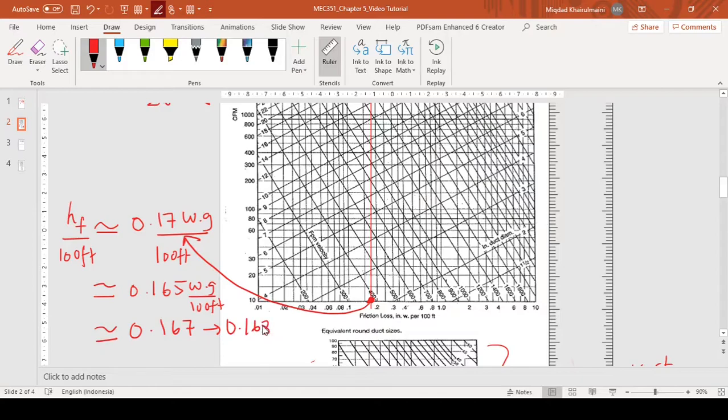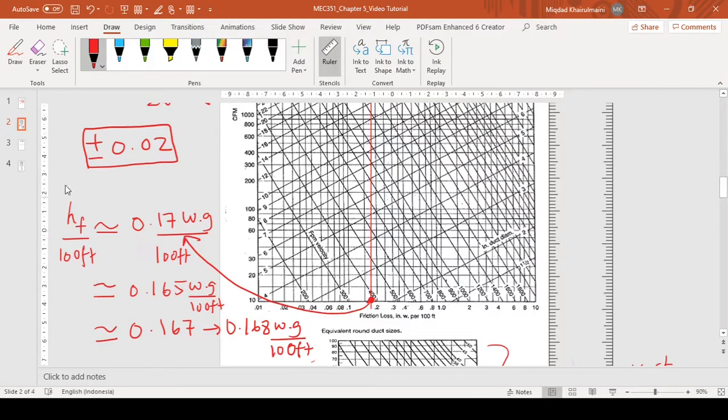Remember that we will give a plus or minus of maybe 0.02, so try to read as precisely as possible. Here, let's say we read 0.17.